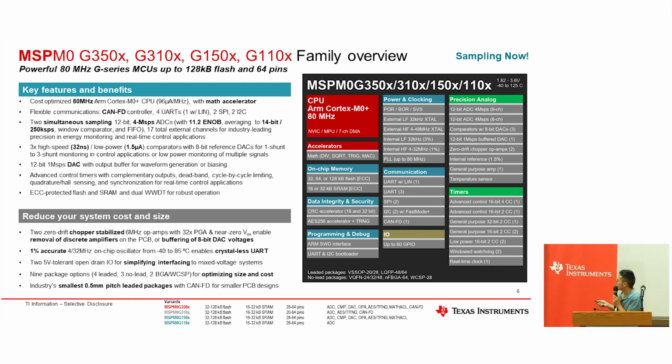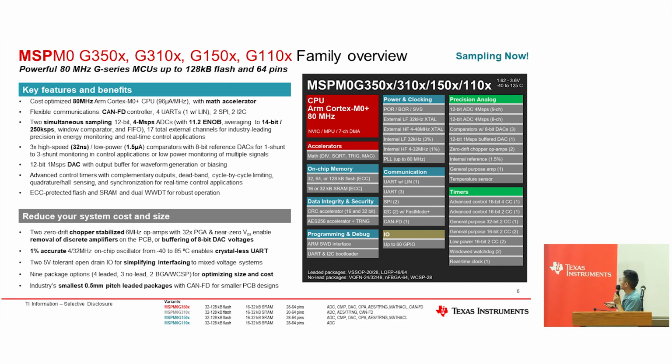The next is about our memory. Our memory is all ECC protected. The difference from the L series device is that the G series device supports an external oscillator, both low speed and high speed.